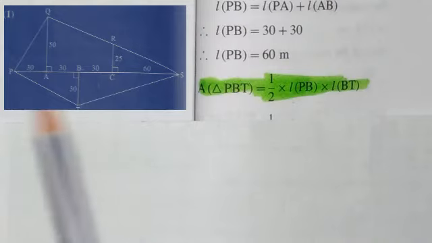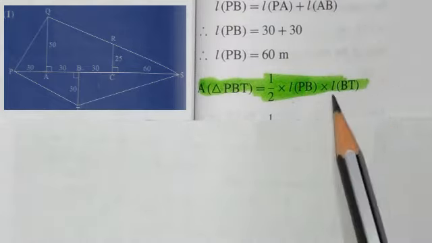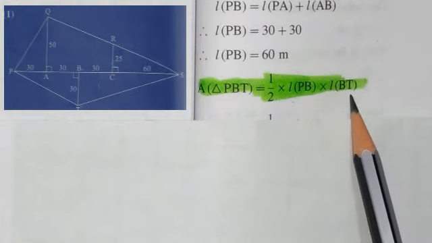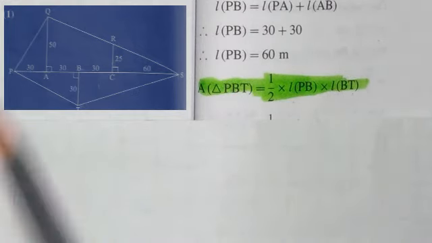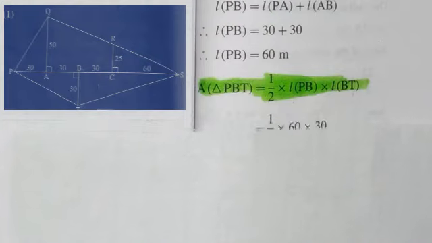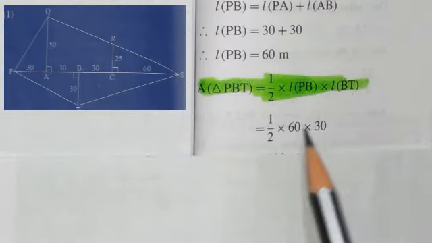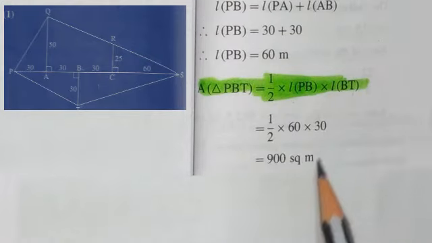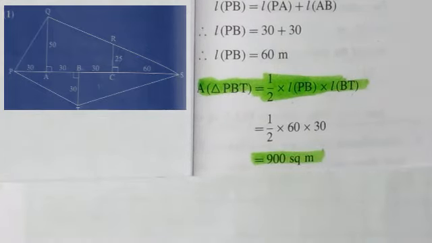Here PB is nothing but the base of this triangle, okay, and multiplied with the length of BT. So BT is here the height of the triangle. Let's put the values. 1 upon 2 into 60 into 30. If we do the calculation, then we can easily get the answer, that is 900 square meter. Therefore, from this lower plot, the area of the first triangle, it means the area of triangle PBT, is equal to 900 square meter.